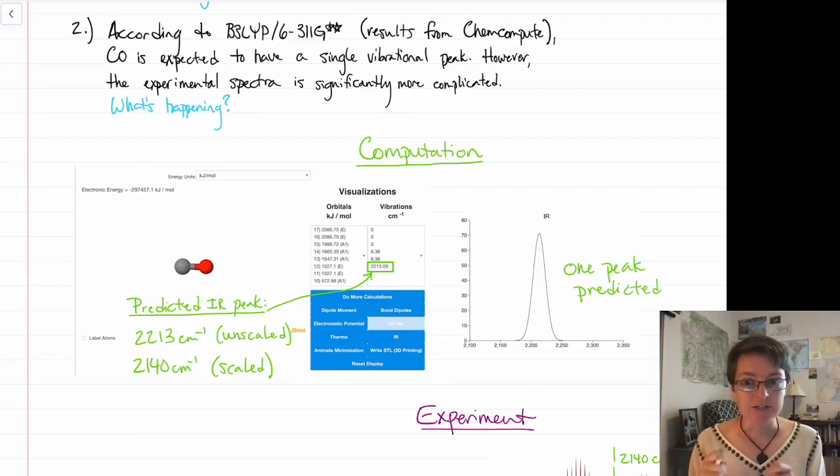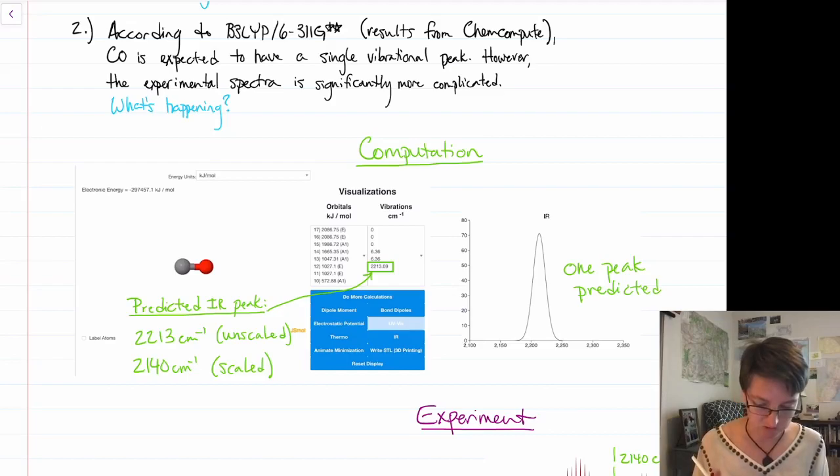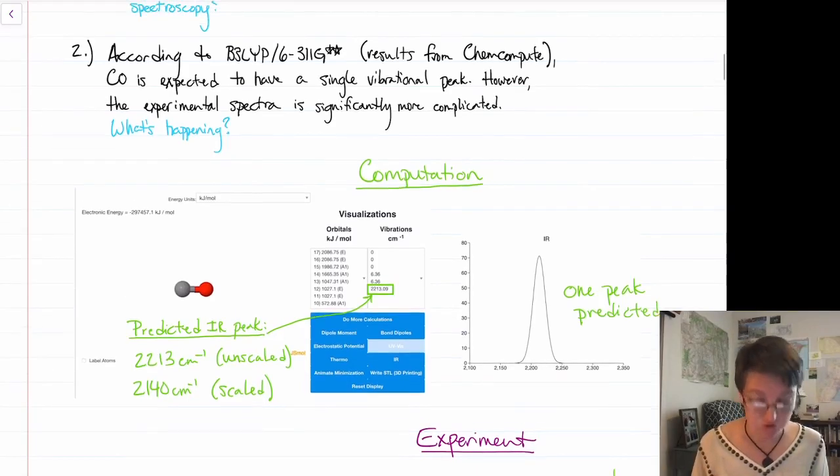And like you could predict from the fact that this is just a simple diatomic, carbon monoxide should have a single vibrational peak. ChemCompute told me that this should appear around 2140 wave numbers once I do the appropriate scaling of my DFT computation. And so my IR spectrum should look really simple, one peak.